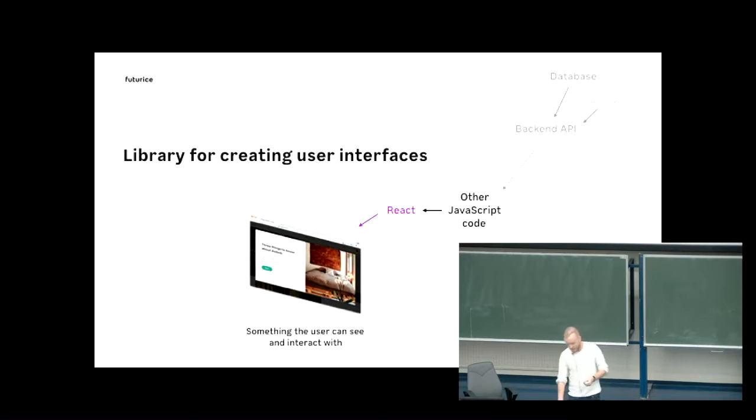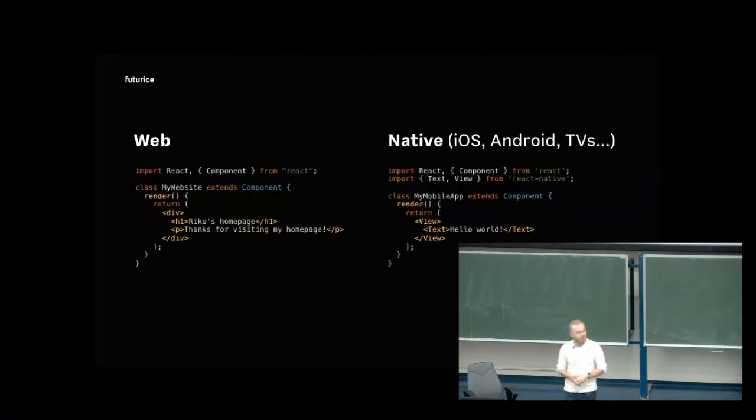And here is some code. I don't know if you can actually see that. It should have a bit more contrast. You don't have to start reading it, but as I said, React can be used for multiple platforms.